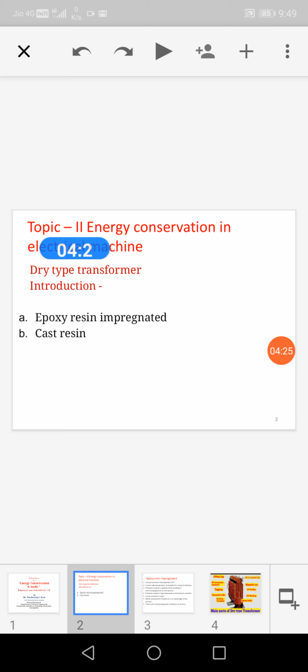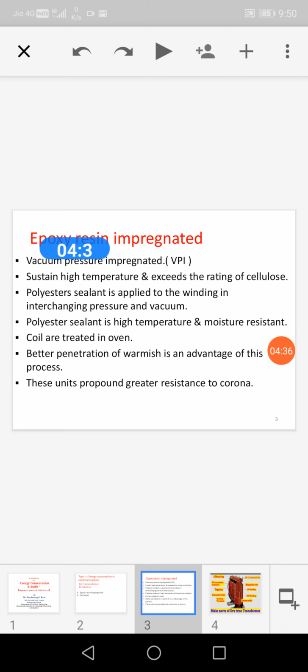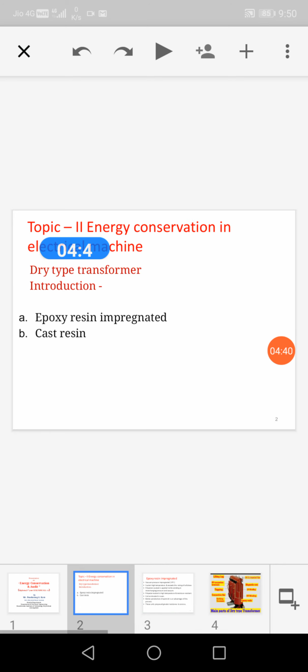We are using here a medium for insulation in this dry type transformer, and so there are two types of transformer. One is the epoxy resin impregnated, and second is the cast resin type transformer, means CRT transformer.